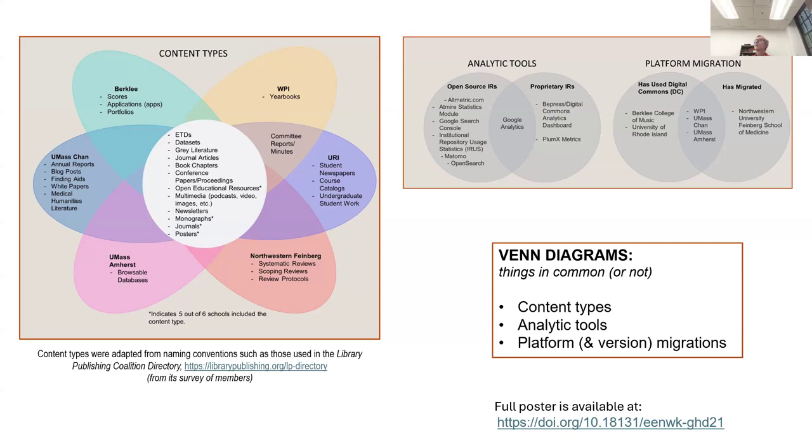The other Venn diagrams that worked for our questions were the one about what analytical tools, but the only common area was Google Analytics. Otherwise, it kind of split between those of us on open source IRs and proprietary IRs. And as was mentioned today by several speakers, Digital Commons is a common platform.